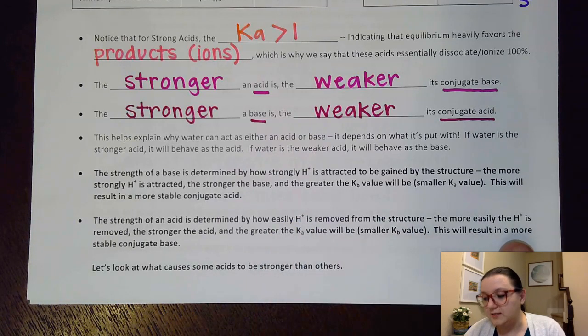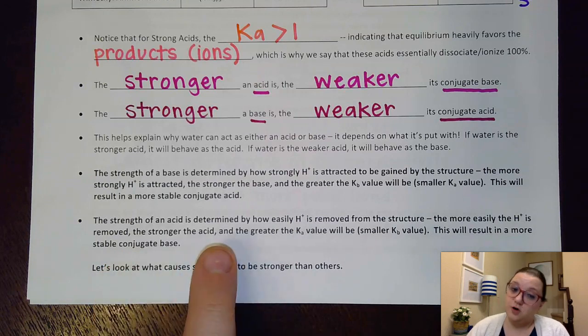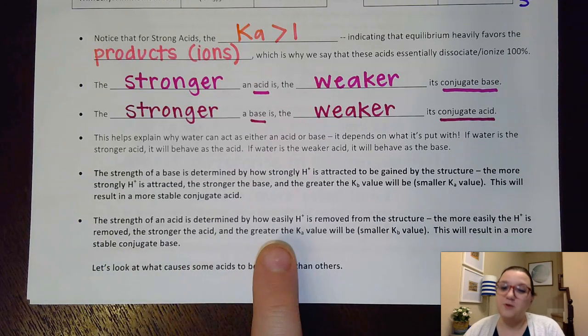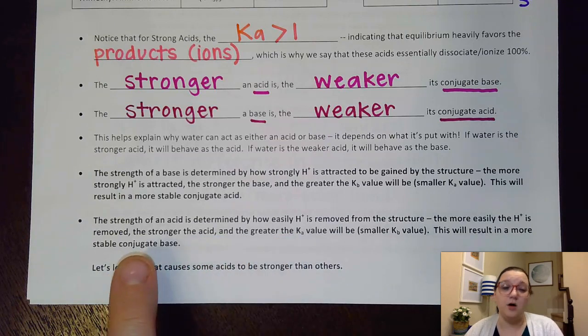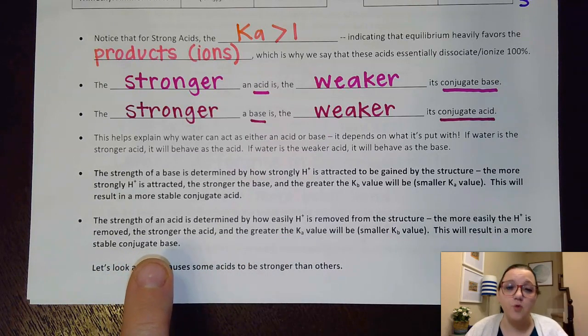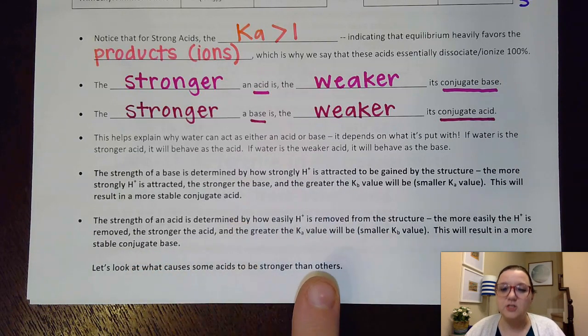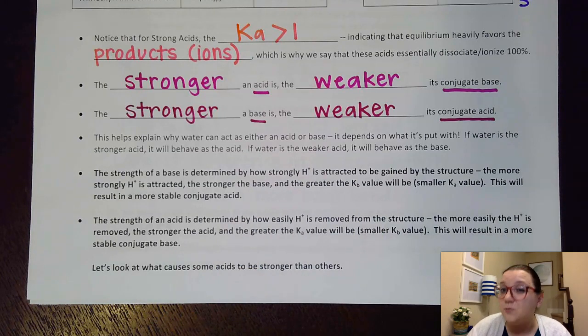However, the more easily that hydrogen is removed, the stronger the acid would be, the greater the Ka value would be, and that would result in a more stable conjugate base, which again is what's driving that reaction in the first place. However, as I mentioned, there's various reasons why hydrogen would be more easily removed from some acids than others. So with that said, let's go ahead and flip the page.